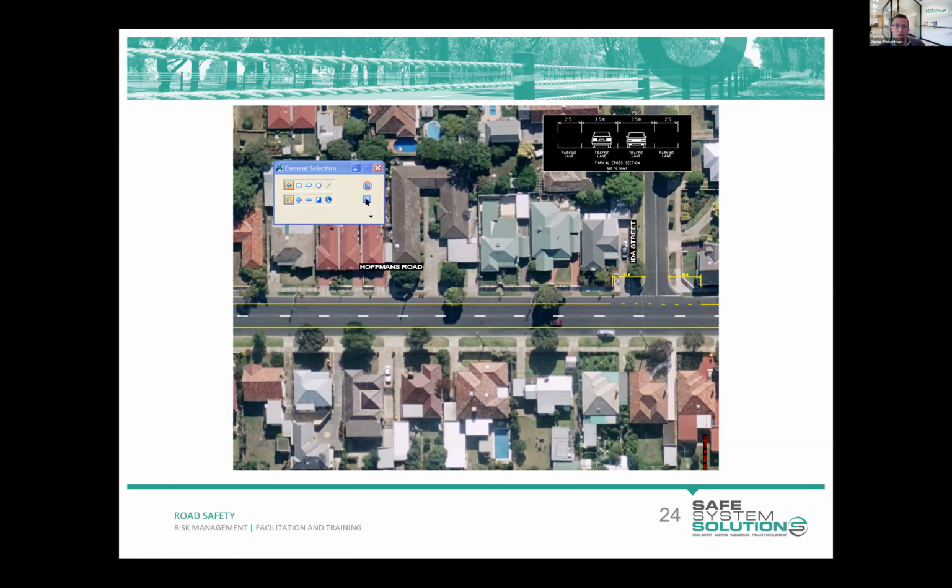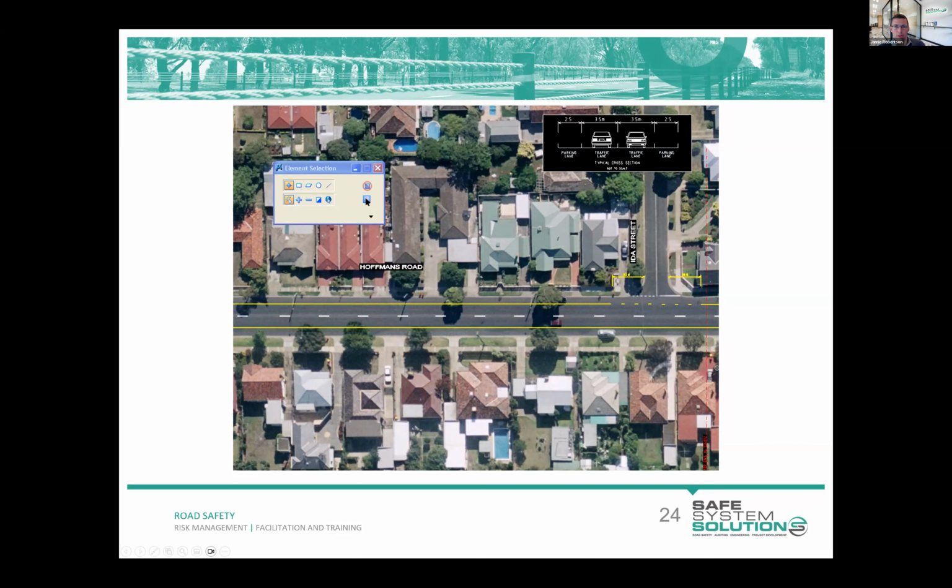The decision was made to formalise parking with some parking lanes. You can see the yellow lines there, and have the road operate as a 2-lane, 2-way road. Those parking lanes would extend 10 metres or stop 10 metres short of the intersection as per standards.